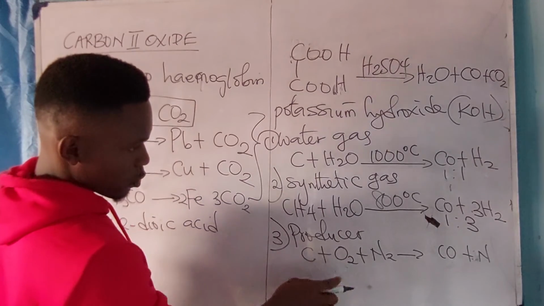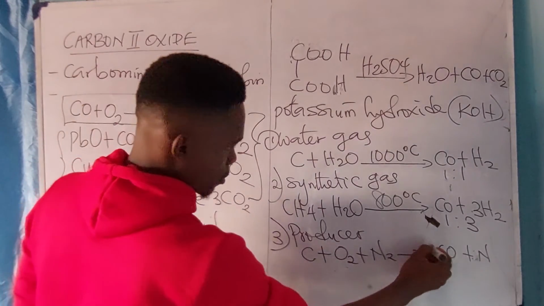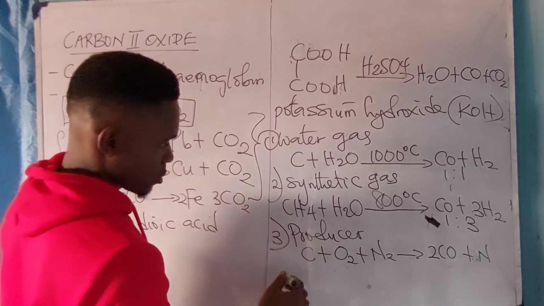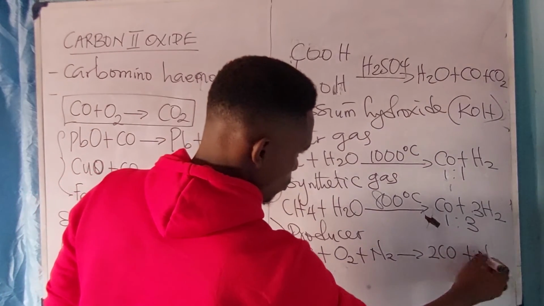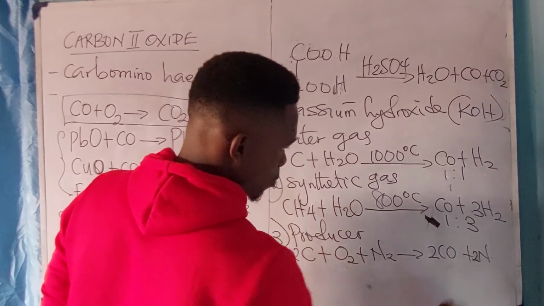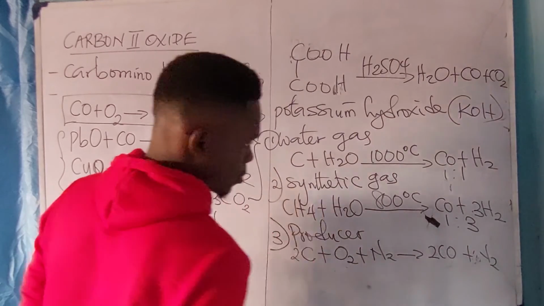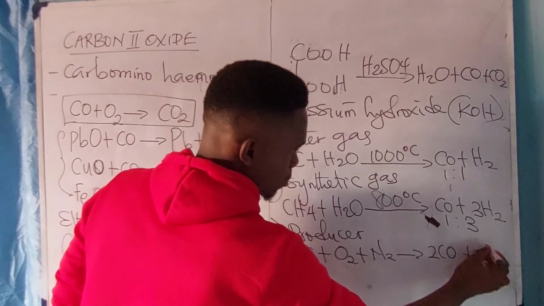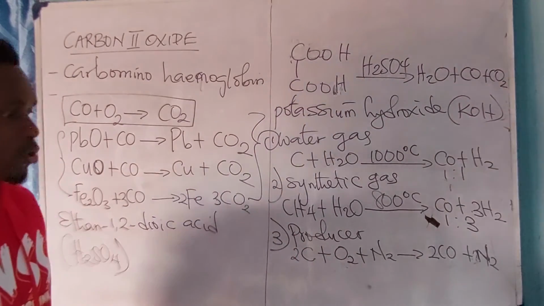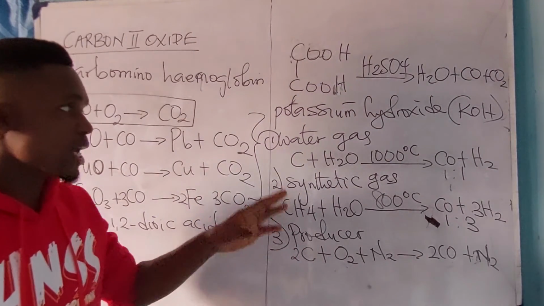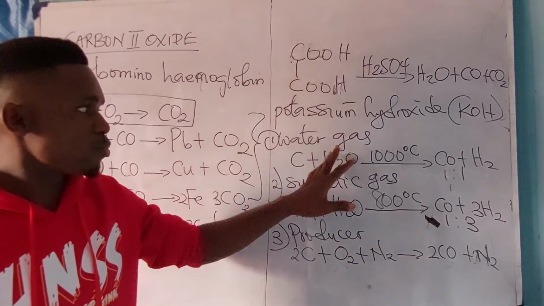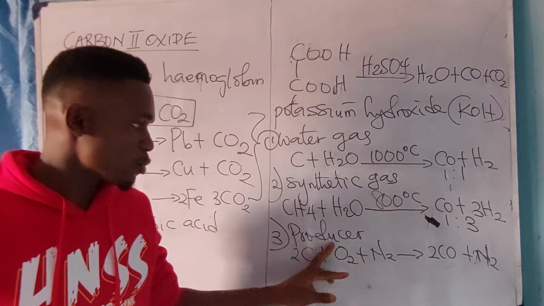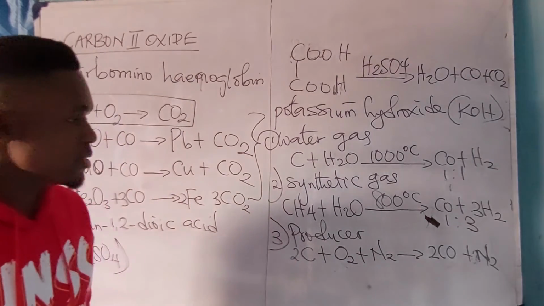Okay, I mean 2 oxygen. So these are the constituents of what? Carbon. These are the various gases liberated from carbon dioxide: water gas, synthetic gas, and what? Producer gas. So please take note of that.